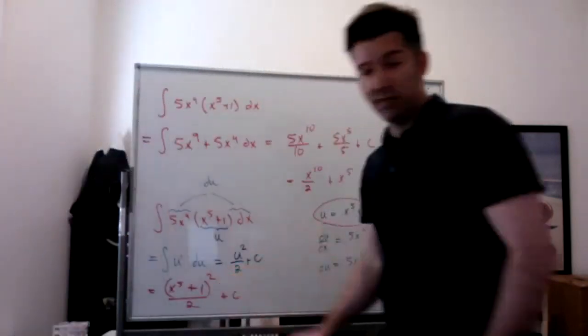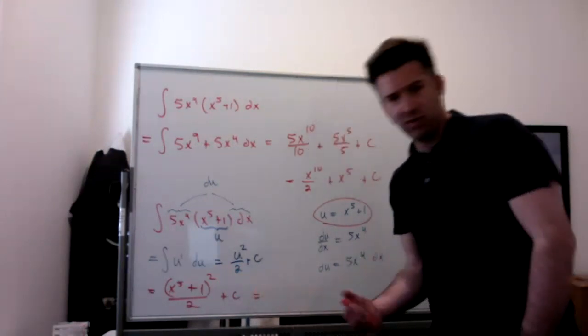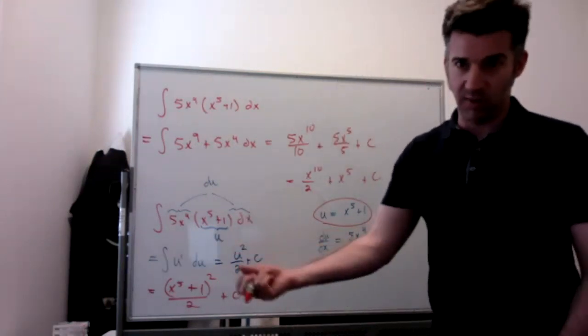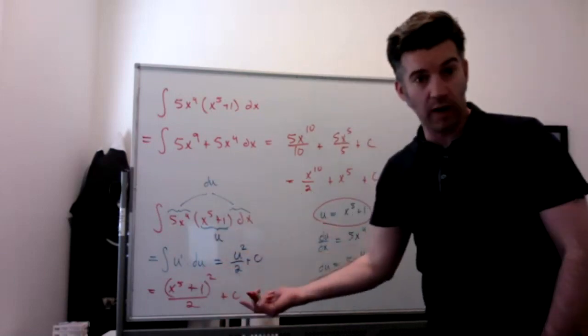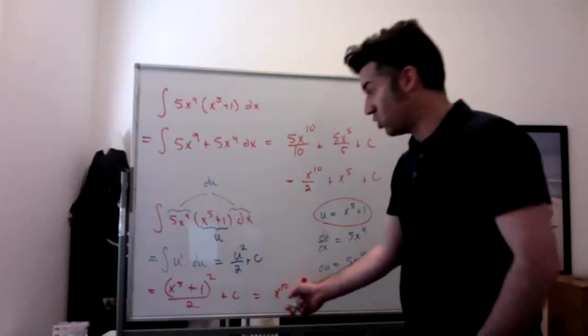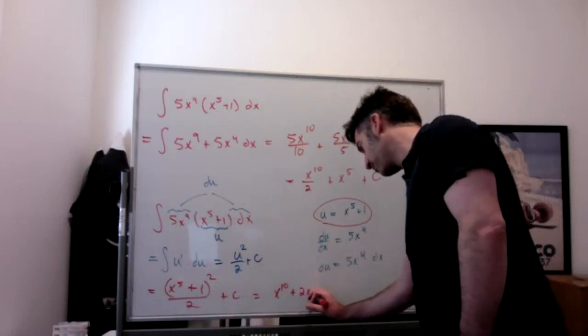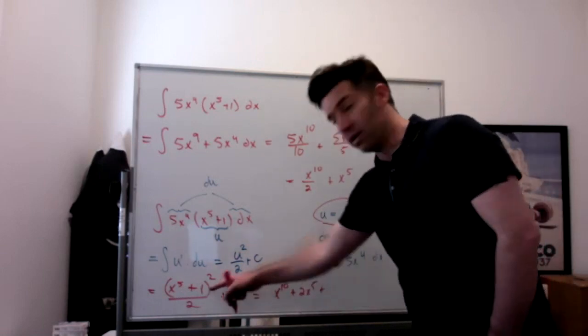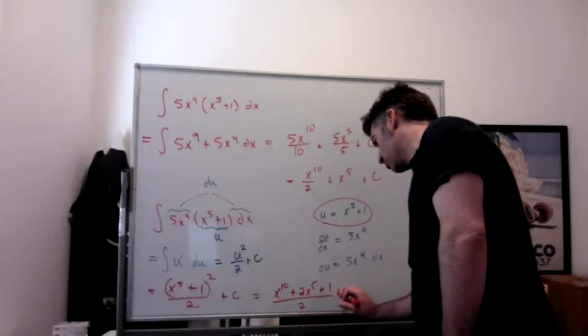So if you multiply out x to the fifth plus 1 squared, here's what you get. When you do (a plus b) squared, it's a squared plus 2ab plus b squared. So we're going to get x to the fifth squared, which is x to the 10th, plus 2 times x to the fifth times 1, so 2x to the fifth, plus 1 squared, all divided by 2 plus c.